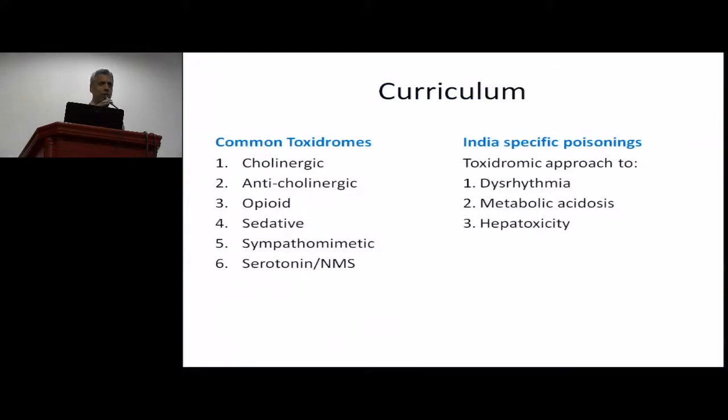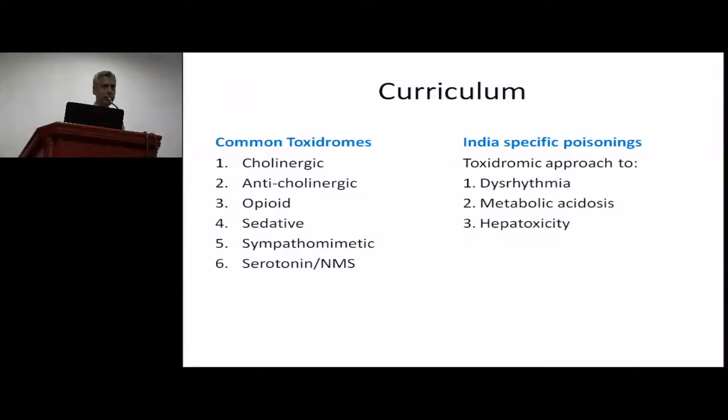So what does versioning the course for India mean? We know that toxicology is dependent on where you are, and the poisons in the UK or US and the poisons in India are different, as poisons in Taiwan are different from poisons in India. The principles may be the same, but the actual disease is very different.